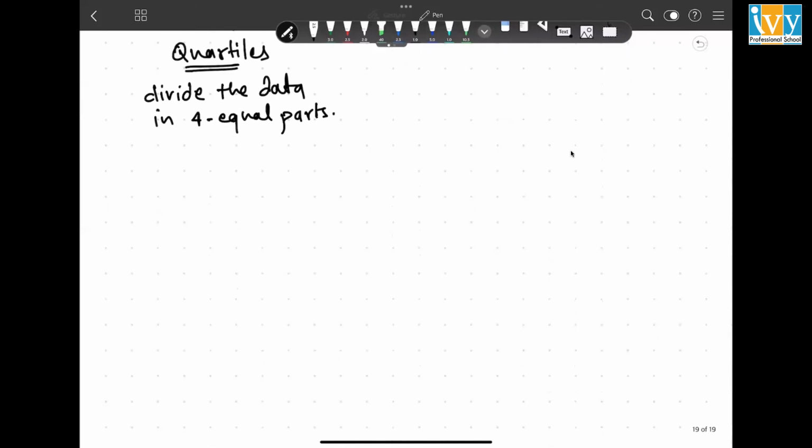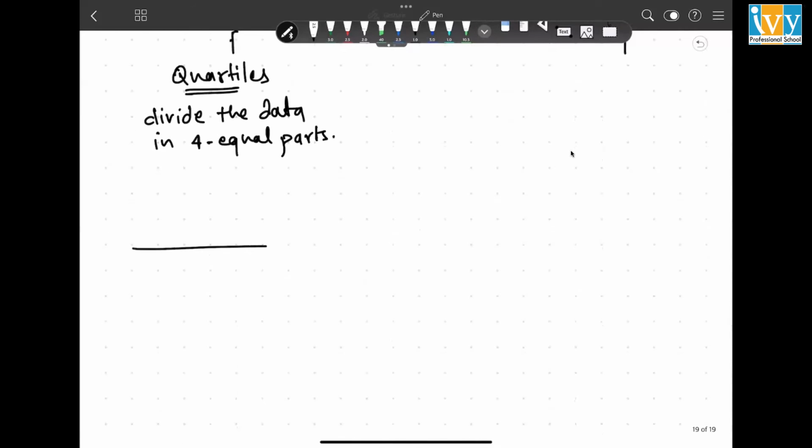How? This is your data. What is this portion? 50%? Yes, the median, which will be equal to the mean if the data does not have outliers. So mean and median will be the same. But theoretically, it should be the median first. So the median is the point that divides the data into 2 equal halves.